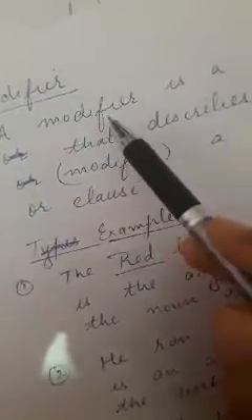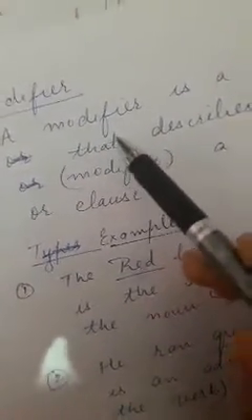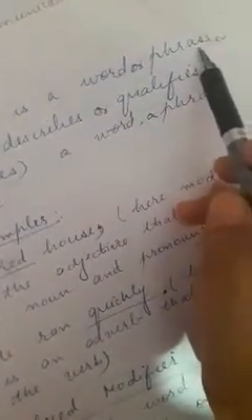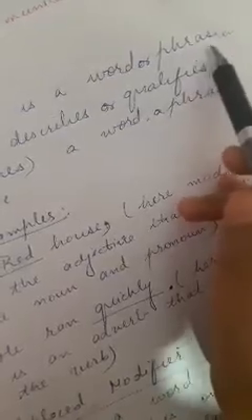So let us first begin with what is a modifier. A modifier is a word or phrase that describes or qualifies or modifies a word, a phrase or clause. As we know, by phrase we mean a group of words.